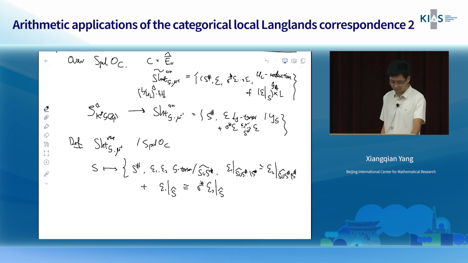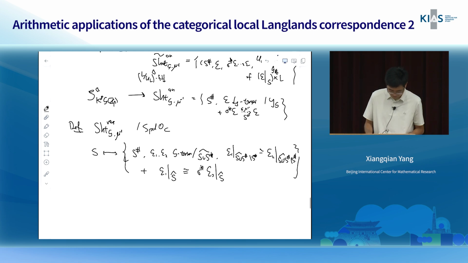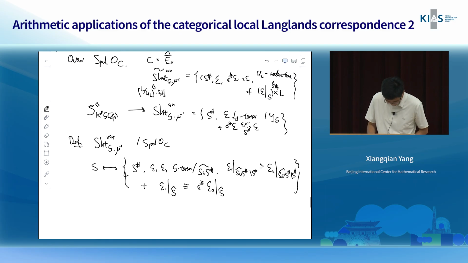S is over characteristic p, so there is a Frobenius on it. So this defines some pro-Artin stack, and there's actually also a truncated version, to make things really an Artin stack. But let me ignore this.